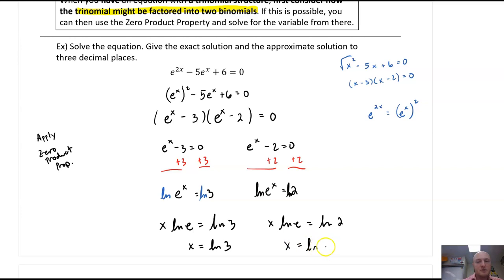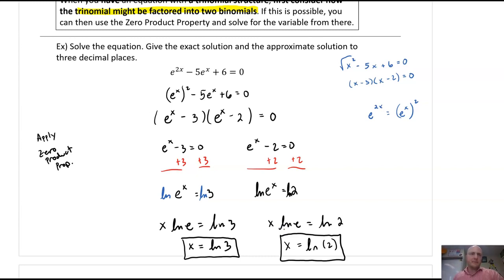So x is equal to the natural log of 2. And both of these answers are solutions. We may run into domain issues if I get arguments of my logarithm that are non-positive. So if they're 0 or if they're negative, we've got to throw them out because those aren't valid domains of logarithms. So they would be extraneous solutions.